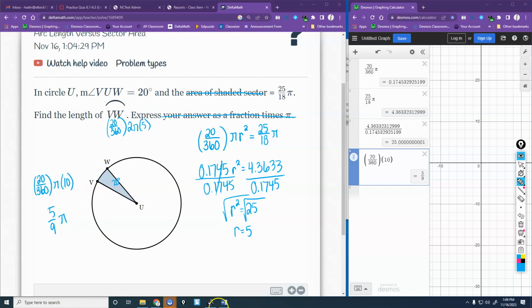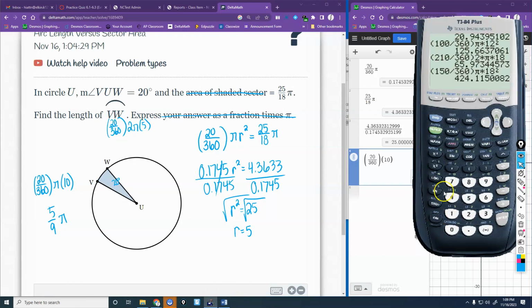If you're doing it on the calculator instead, you would do 20 divided by 360 times 10, and you get that same thing. If you do math, enter, it'll give you 5 over 9 also.